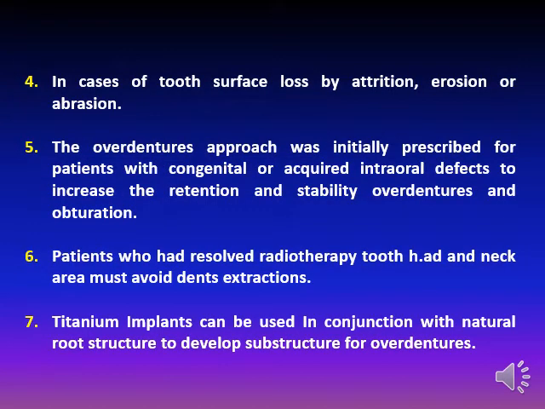Also, it can be used in cases with attrition, erosion, or abrasion, for patients with congenital or acquired intraoral defects, and to increase retention and stability. Patients with radiotherapy treatment, to avoid extraction. It can also be used with implants.